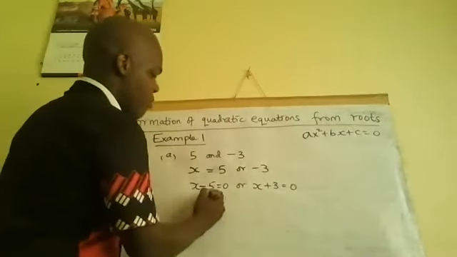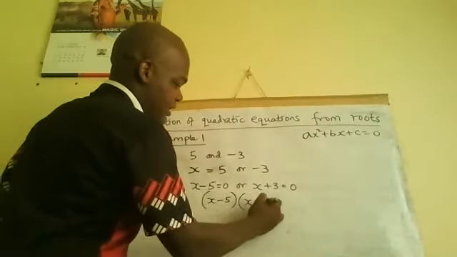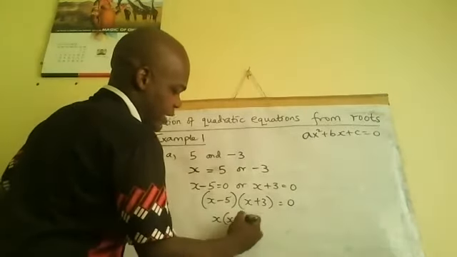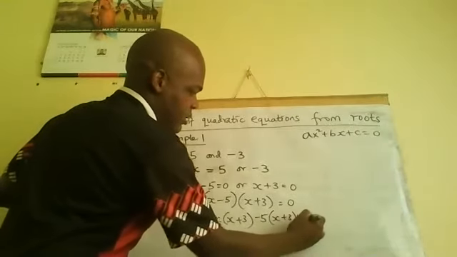Then we multiply. The x minus 5 into x plus 3 equals 0. So this is x into x plus 3 minus 5 into x plus 3 equals 0.